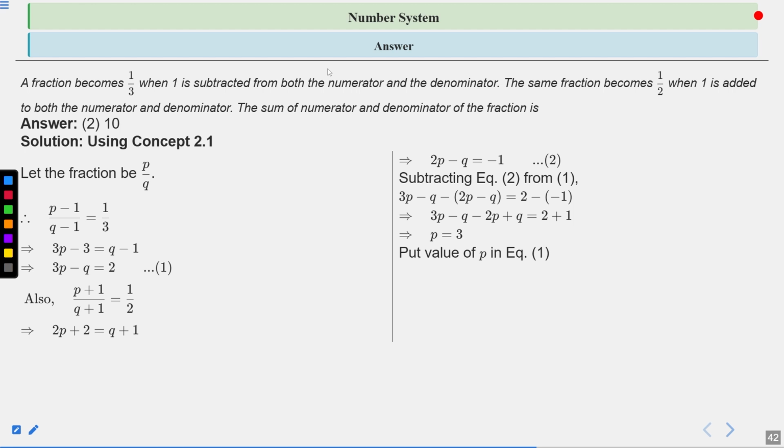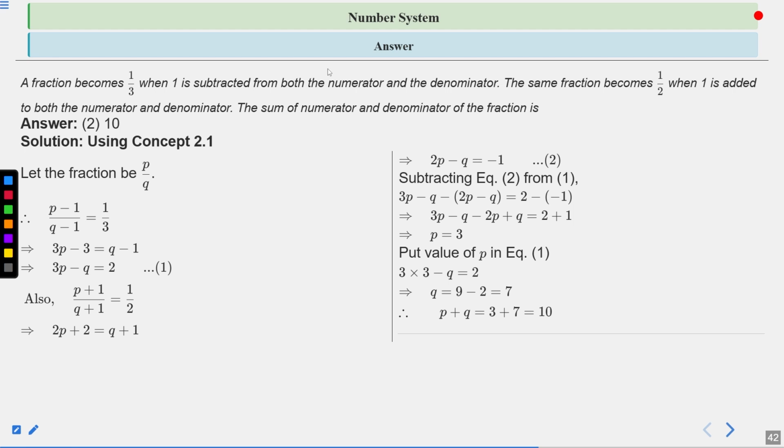Putting the value of p in equation 1, we get the value of q. So 3 into 3 minus q equals 2, so q equals 9 minus 2 equals 7. Now we can calculate the sum of the numerator and denominator. So p plus q becomes 3 plus 7, which equals 10. So second is the correct answer of this question.